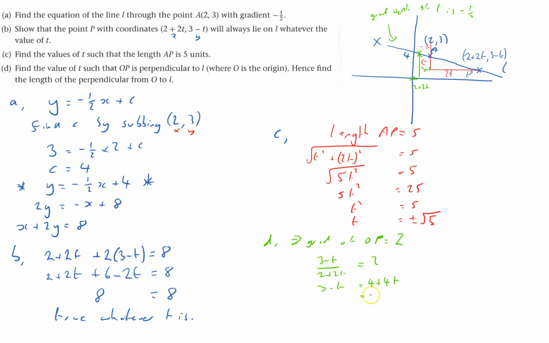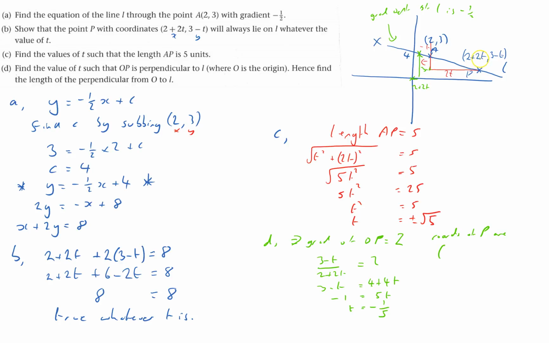So that will be 5t on the right hand side is minus 1. So t equals negative 1/5. So I've found the value of t, and hence I've got to find the coordinates of P.